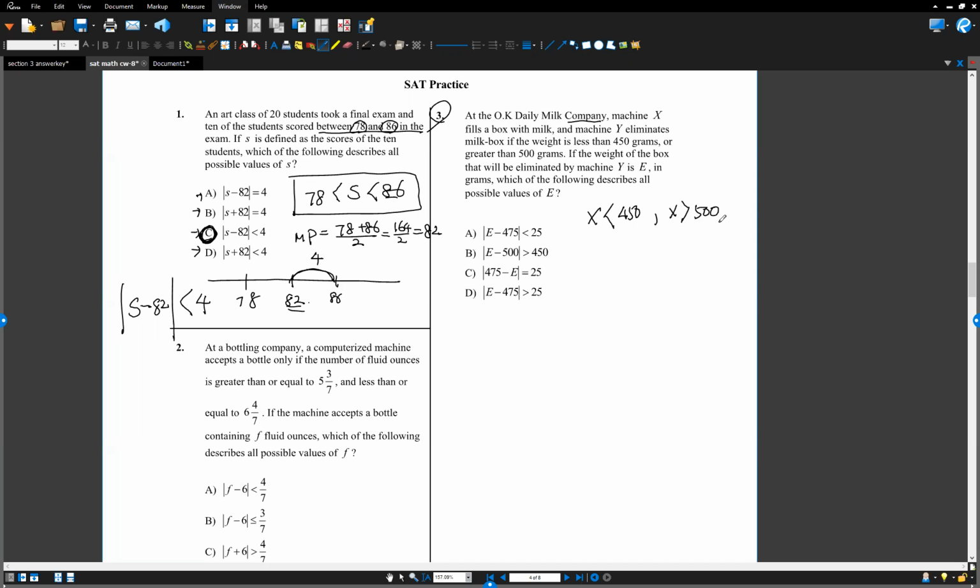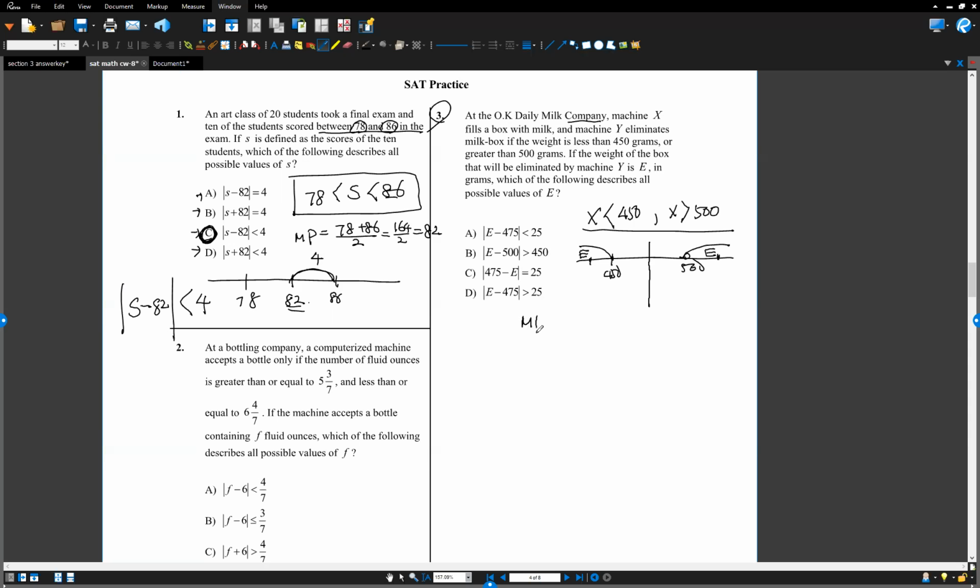Okay. So we're going to express this one as an interval. This is the outside two numbers, isn't it? Can you see that? 450 over here and 500 over here. They're going to be eliminated. You're going to use this number as E. Anyway, the formula to find the midpoint is the same thing. This is the midpoint of these 2 points.